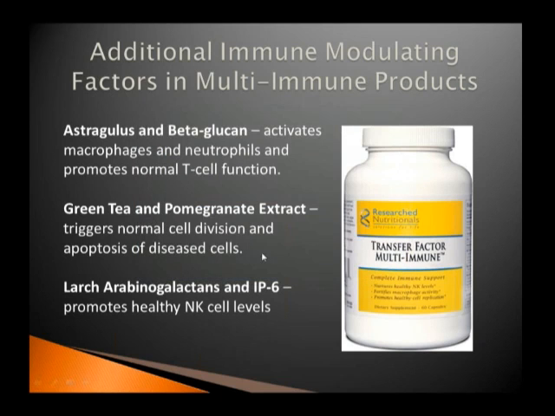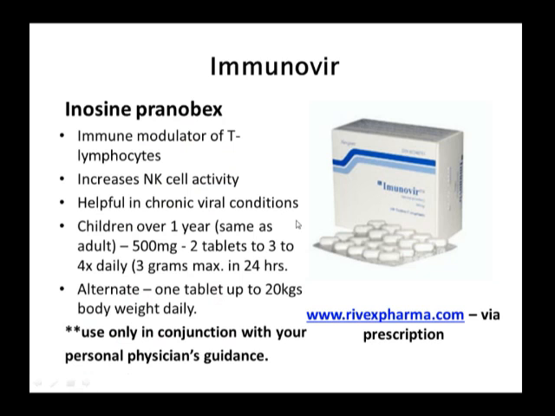Green tea, for example, actually helps to promote more normal cell division in the body. A substance called IP6 helps to promote more healthy natural killer cell function. So many of the ingredients found in the Research Nutritional transfer factors have those additional remedies to just give more of a regulating effect on the immune system.